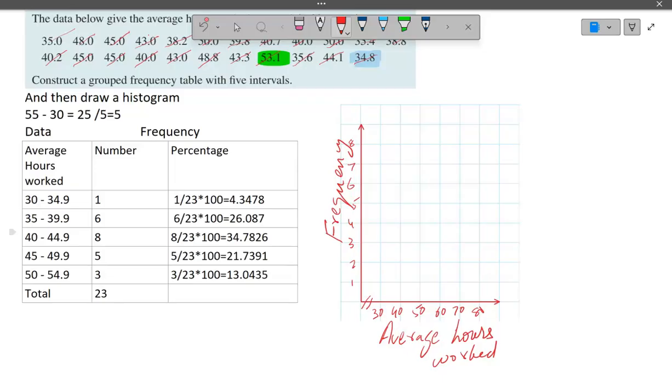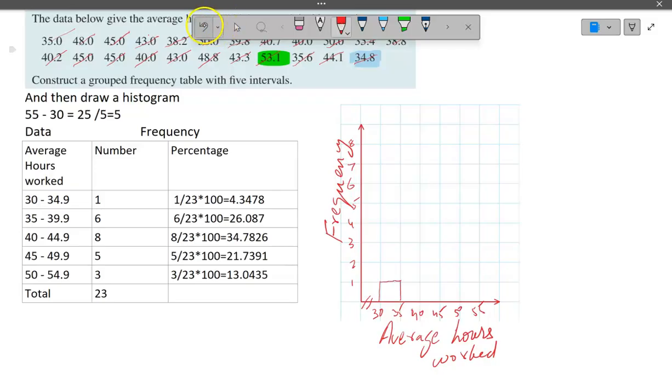Okay, now I want to draw the bars from 30 to 35. Oh, okay, I went wrong here, so I'm going to erase that part. I want to go by 5, so 35 and 40, 45, 50, 55. That's all I need. So from 30 to 35, which is 34.9, I want to go only one bar from here to here.